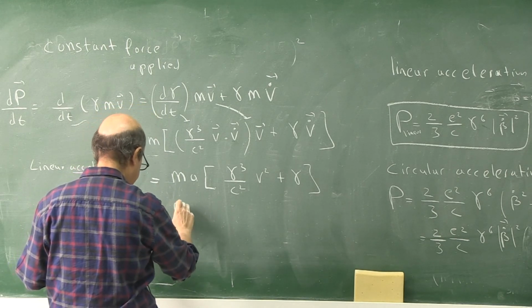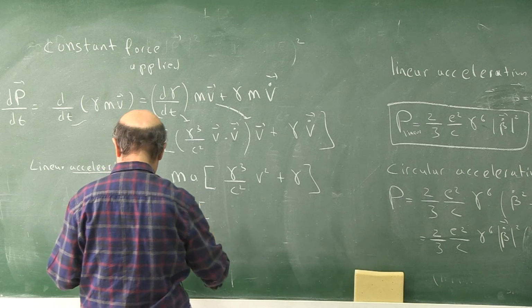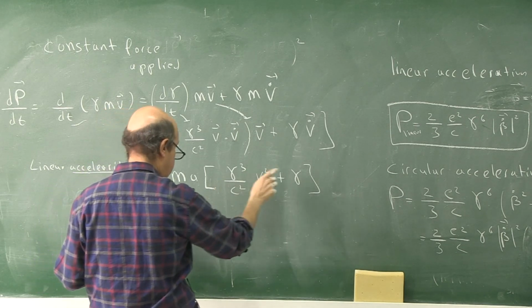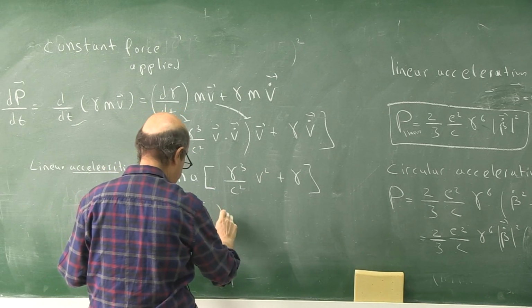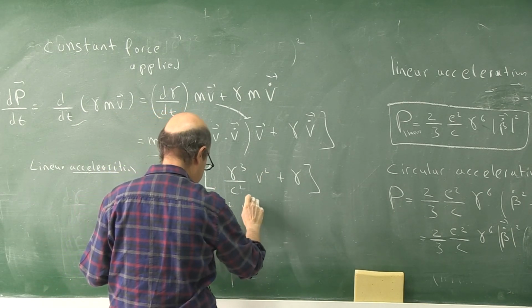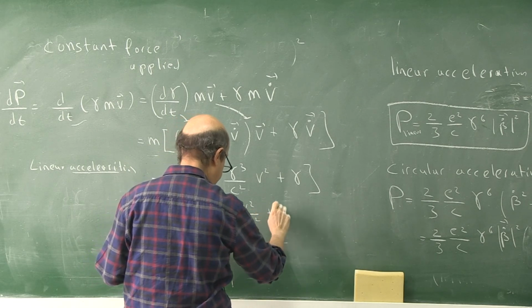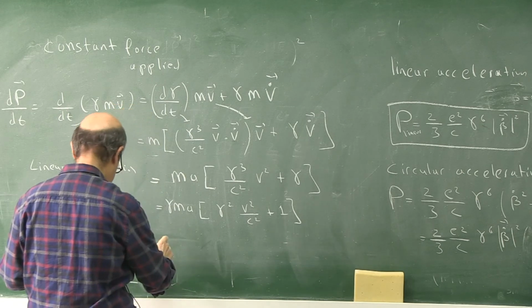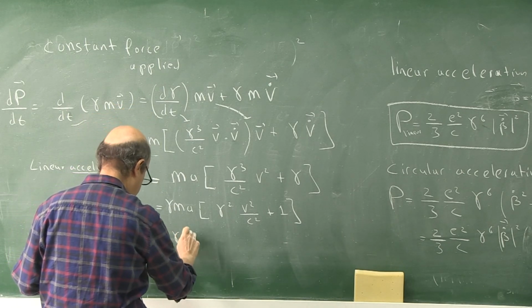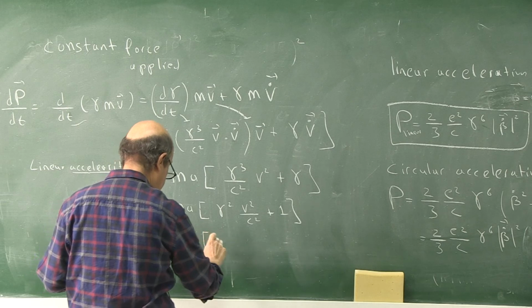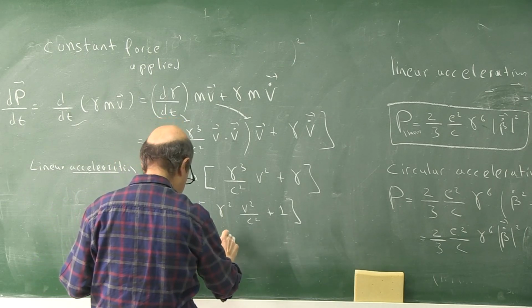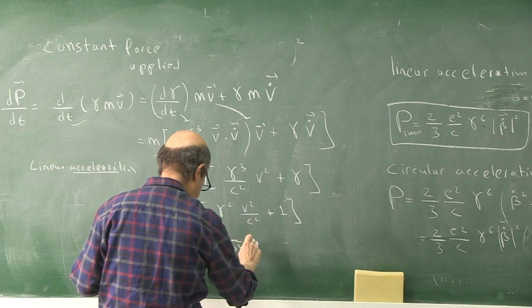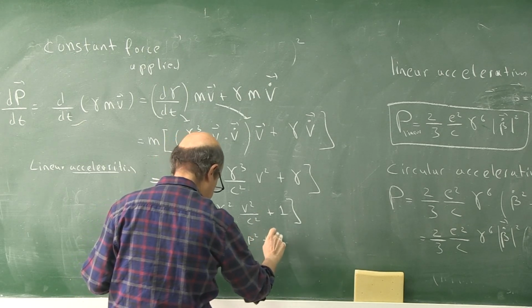Go one more step. Mass times acceleration. Taking gamma in parentheses, we have gamma here. This will be gamma squared, v squared over c squared, plus 1. And this is equal to gamma times mass times acceleration. Gamma squared is 1 over 1 minus beta squared, and v squared over c squared is beta squared, plus 1.